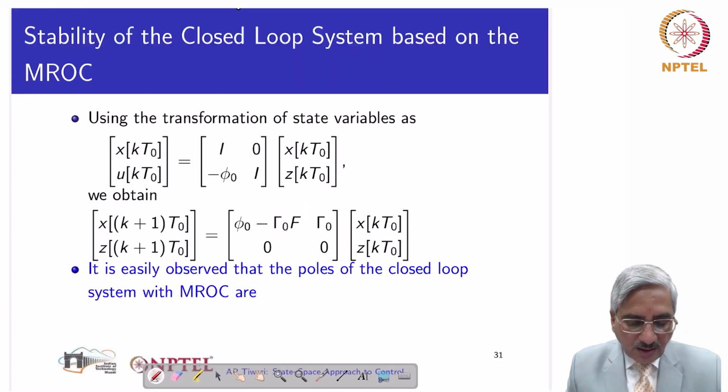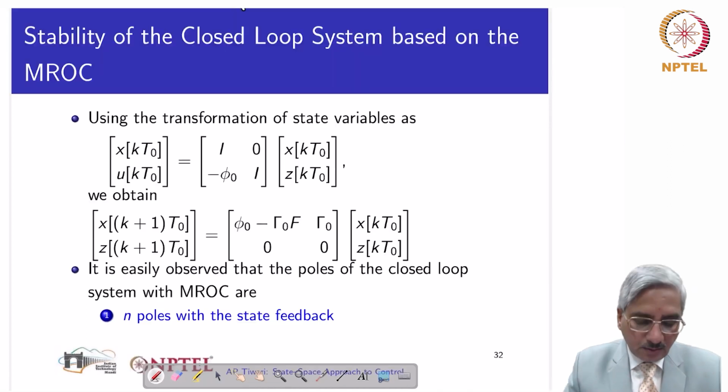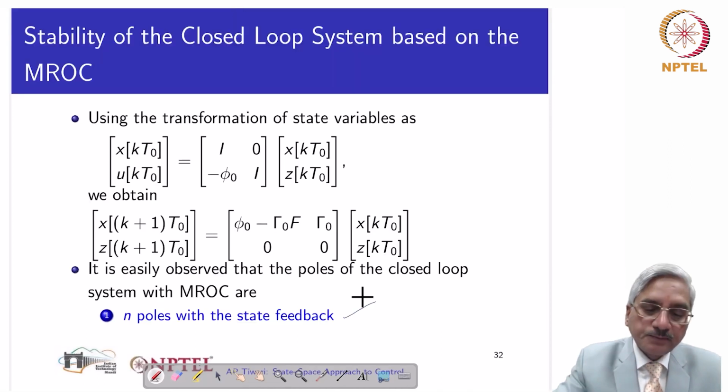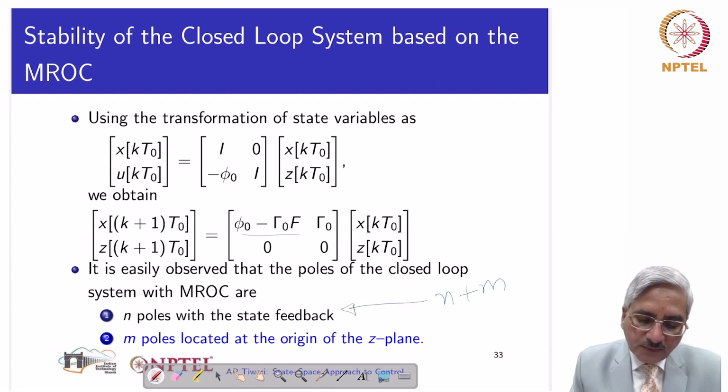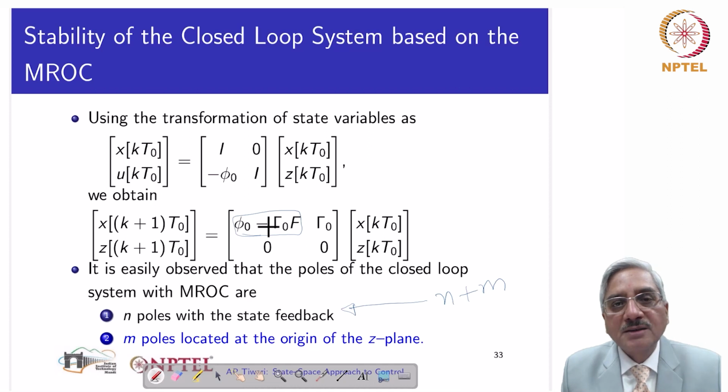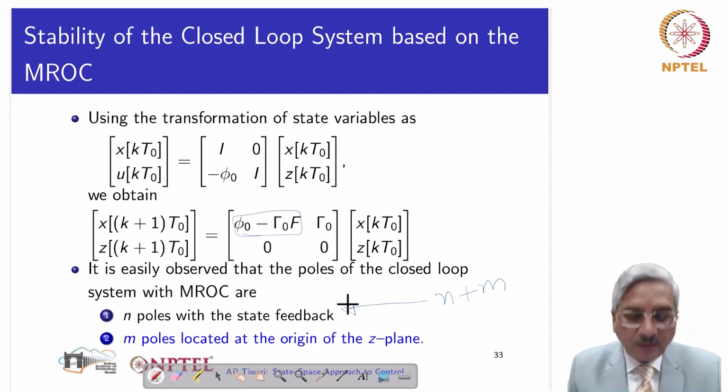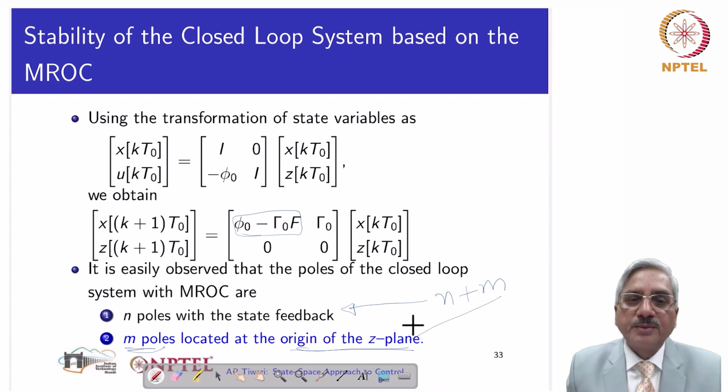So that is stated, I think, in the bullets here, that this system has n plus m poles. N poles are those of this phi 0 minus gamma 0 f, the poles of the state feedback system, and m poles are all zero, all at the origin of the z plane.